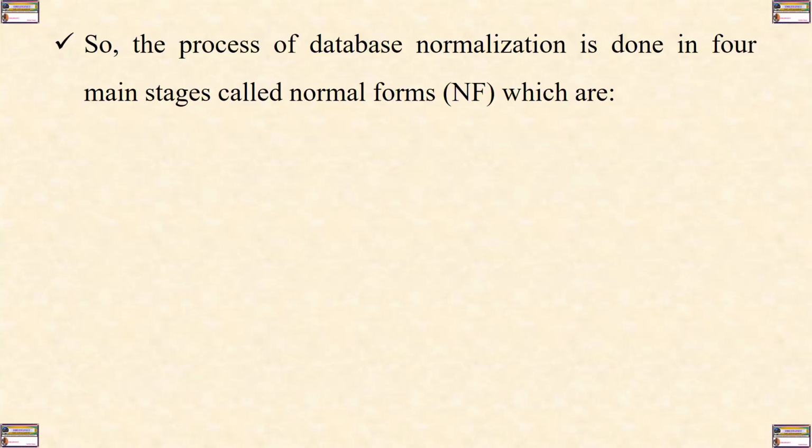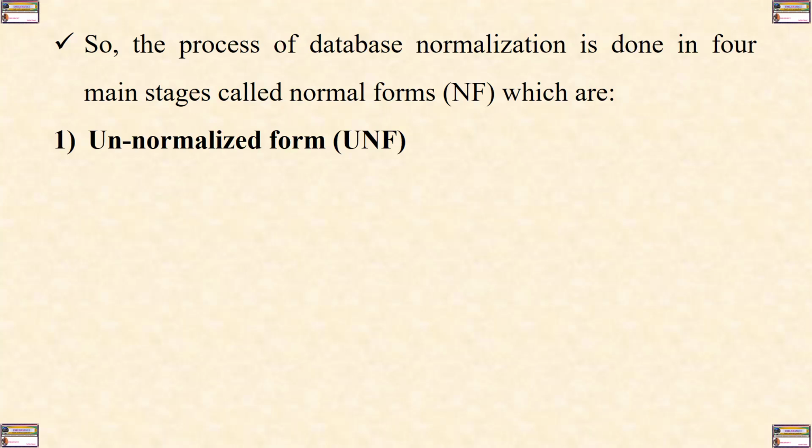And therefore, the process of database normalization is done in 4 main stages, which we call the normal forms. So which are the 4 main stages in database normalization?